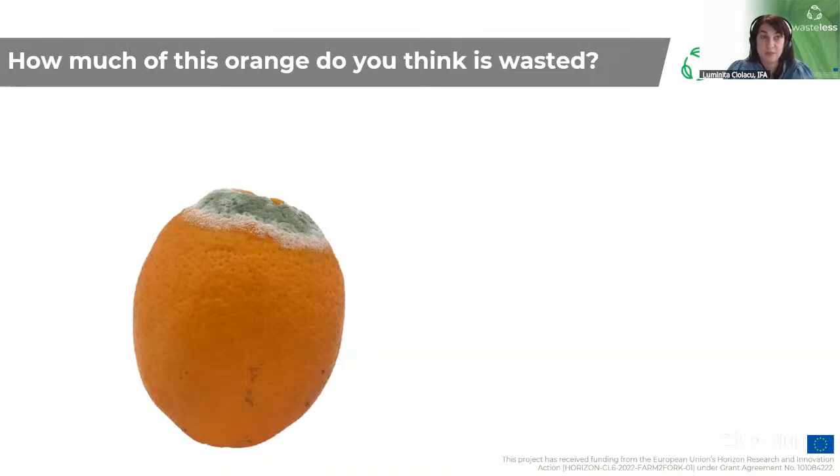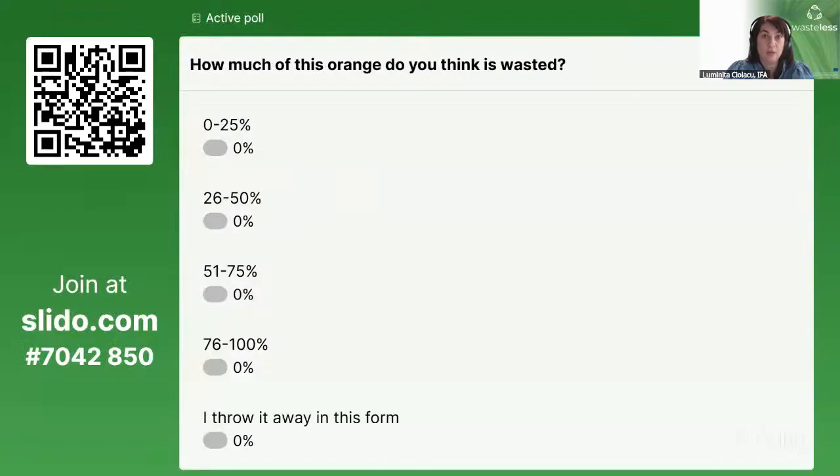So you have seen this picture, and 67% said that they will cut off and eat the rest, 33% that they will throw it away. So what do you think now? How much of this orange do you think is wasted?